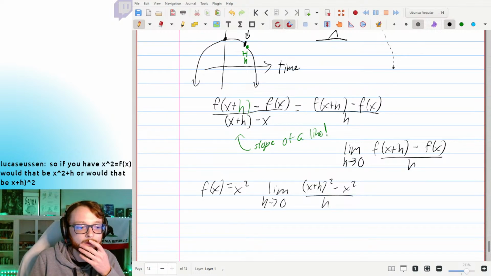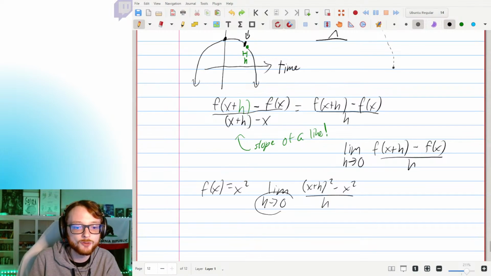And what this limit does is we want to plug in 0 for h. That's what this means. But we can't plug in 0 for h immediately because we would be dividing by 0. So we have to do some extra math first.